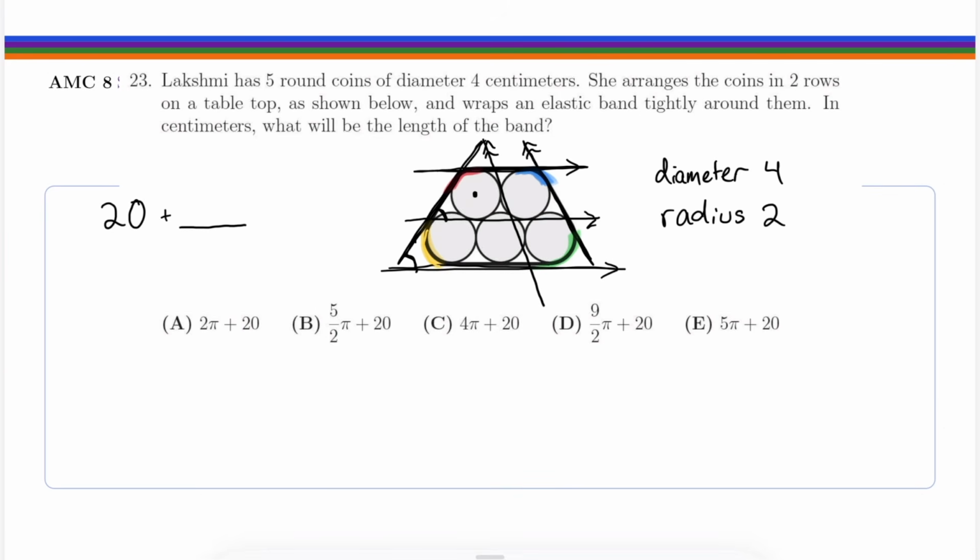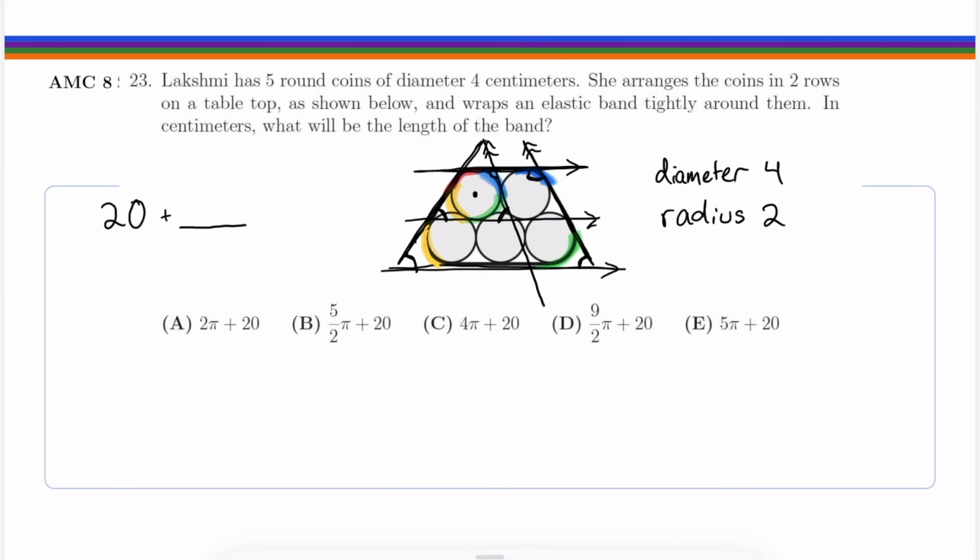So this yellow arc is going to equal this arc right here. We know that this angle is going to equal this angle. So the green arc right here will be equal to this arc right here. And finally, we know that this angle will equal this angle. So this blue arc will go right here on this circle.